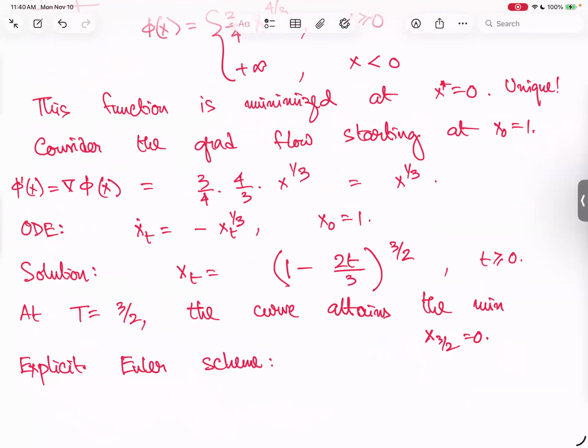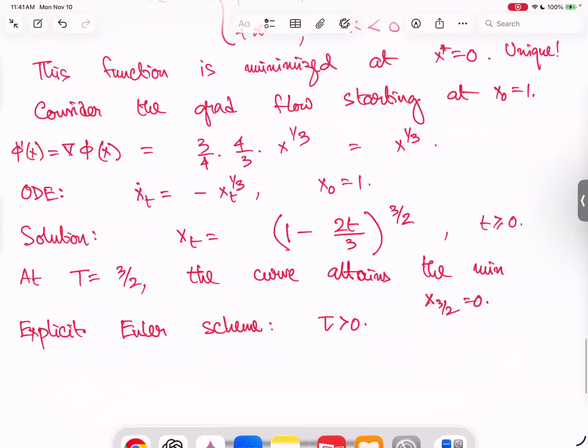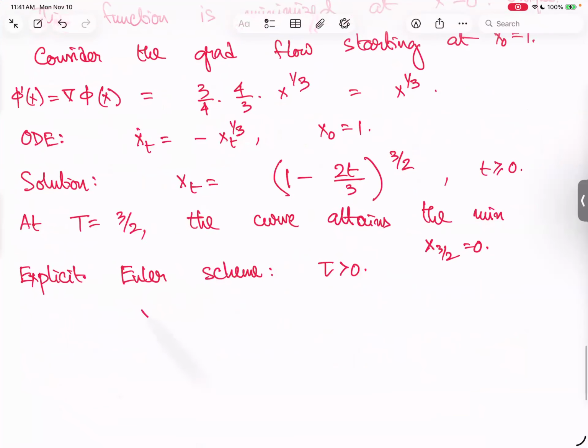Fix some tau, which is strictly positive, and then my explicit Euler is going to give me x_{tau,k+1} equal to x_{tau,k} minus tau times the gradient of the function at x_{tau,k}, which is x_{tau,k} to the power 1/3.